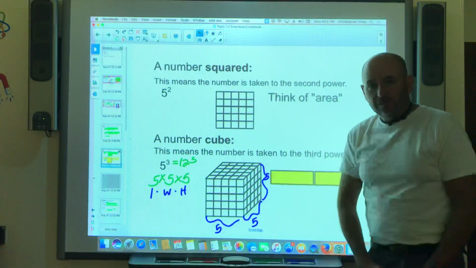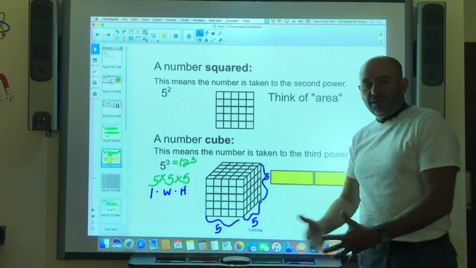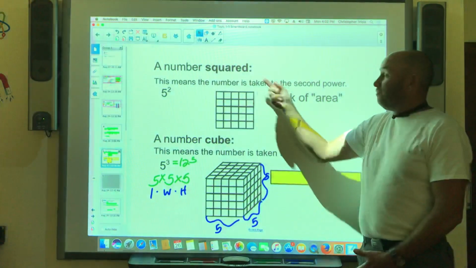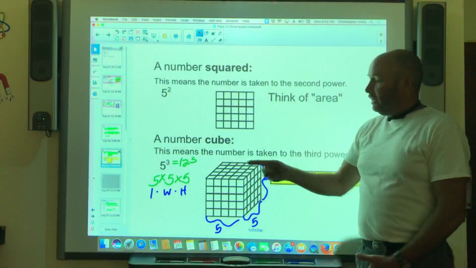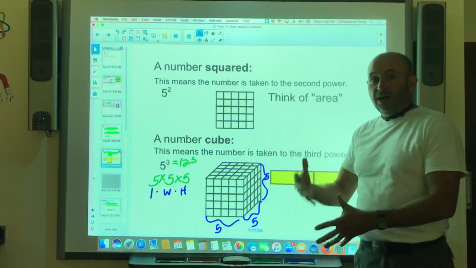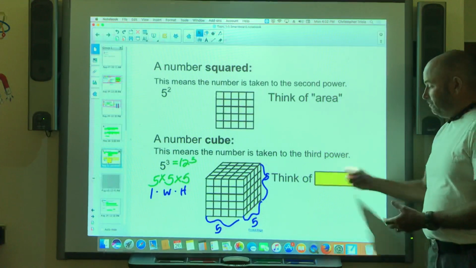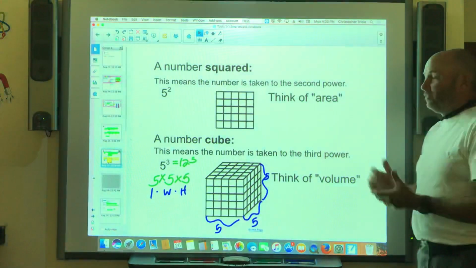Which gives us what, kids? Anybody know what length times width times height gives us? If something's squared, we're finding area. If something is cubed, we're finding, anybody? Think of volume, okay? We think of volume.